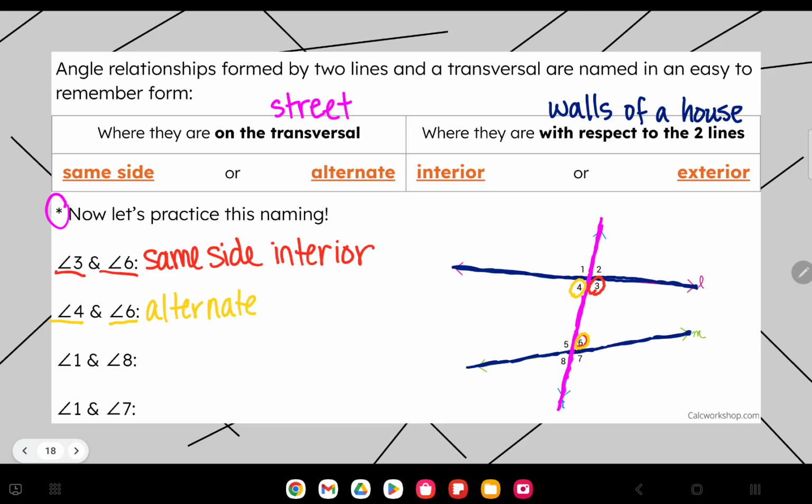You have to cross the street to get between them. And then we look at our two dark blue lines. They are both between line L and line M. So they are interior.